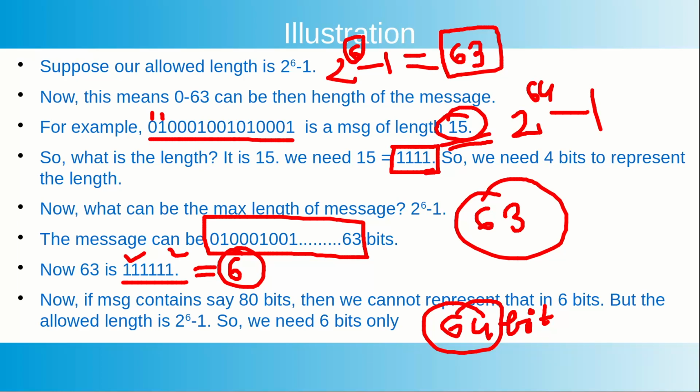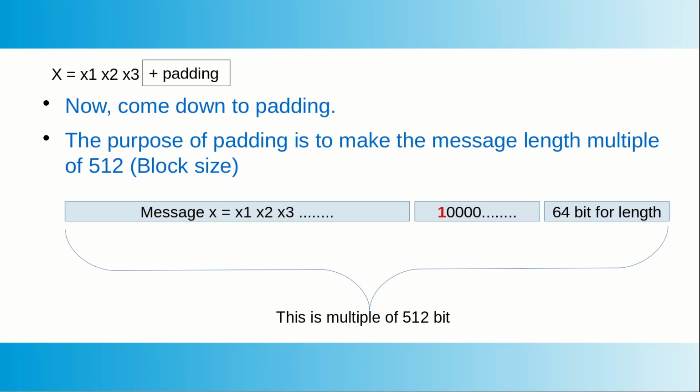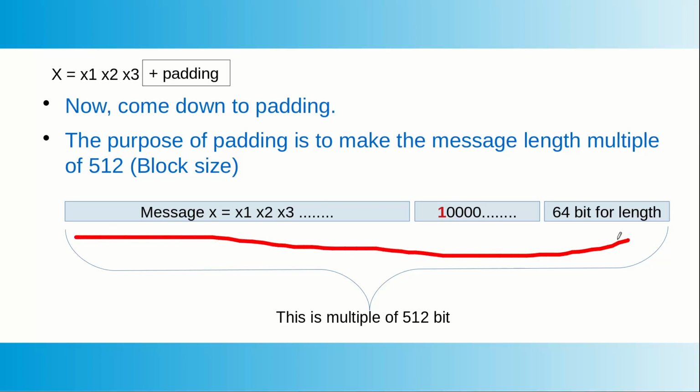That is the idea. So now come down to this padding. In case of padding we do exactly the same thing. So come down to this visualization and things will be clear to you in a moment.